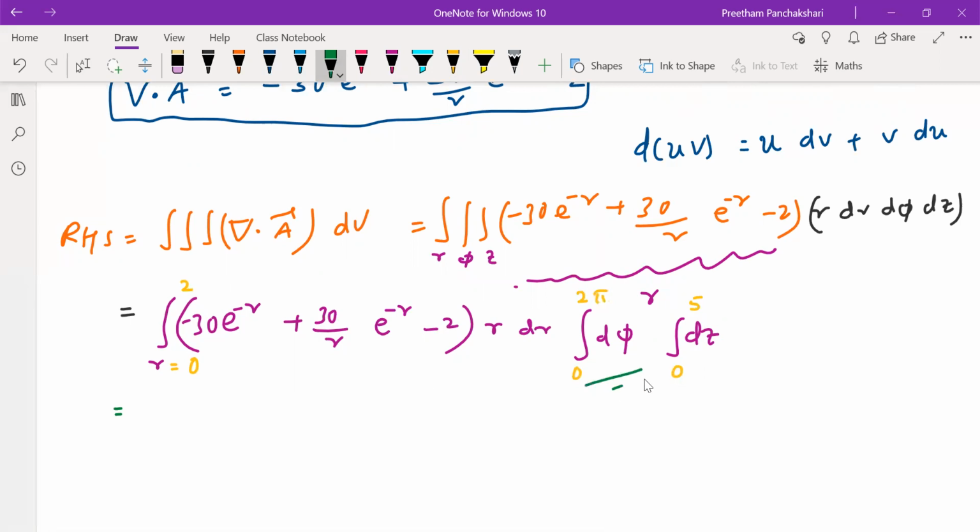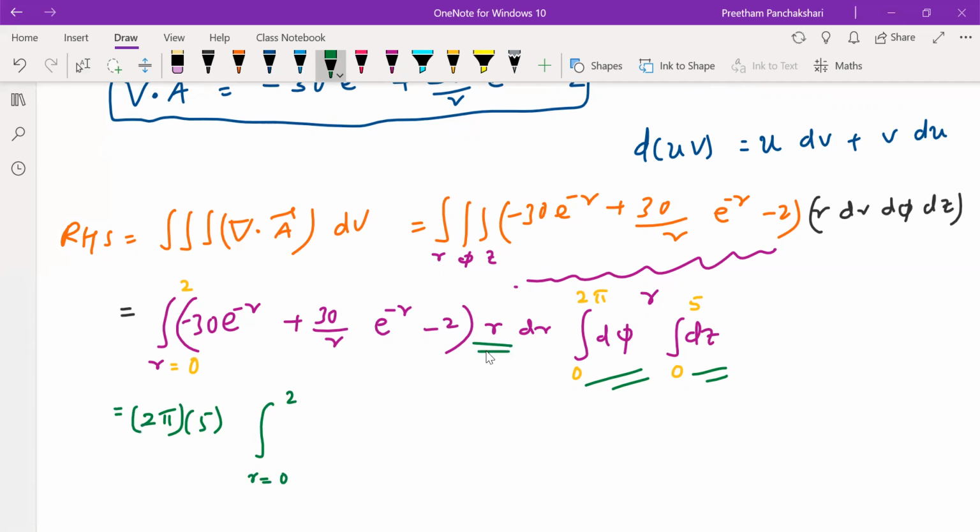First, let us perform these two integrals, which are easy. d phi integration gives 2 pi, dz integration 5. So keep 2 pi into 5. Ready? Next, we have only one integration, 0 to 2.